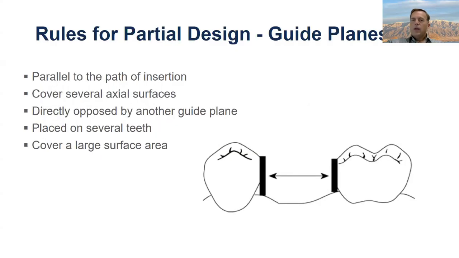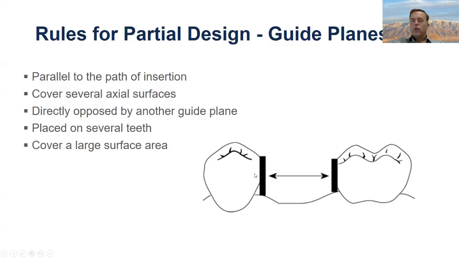Guide planes. Guide planes are a little known source of additional stability. A partial that has nice guide planes doesn't need as much clasping because just the frictional fit of the guide planes can make the case much more stable. Now, two things about guide planes. We want them to be parallel to the path of insertion, and we want them to oppose each other like this.